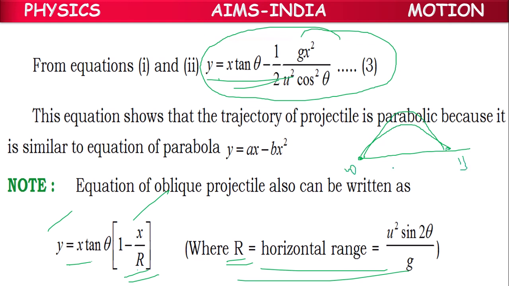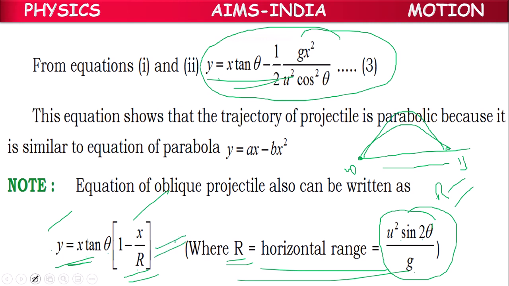This distance is called the horizontal range, r, whose value is u square sin 2 theta by g. In terms of r, we can write y as x tan theta times 1 minus x by r. How we have written it like this, we will learn later.